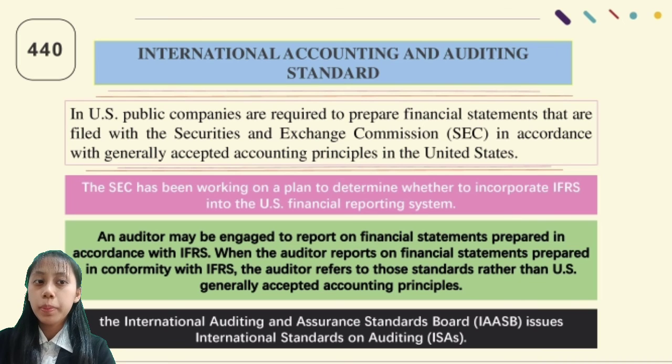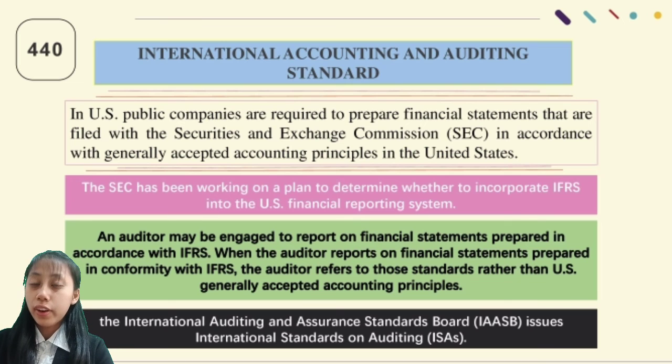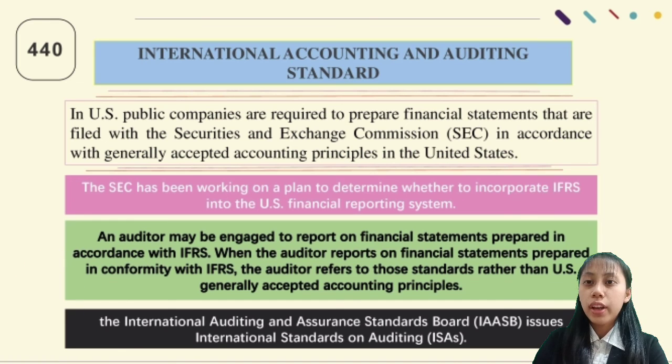When the auditor reports on financial statements prepared in conformity with IFRS, they refer to that standard rather than to US generally accepted accounting principles. As I explained last week, the IAASB has issued the International Standards on Auditing.